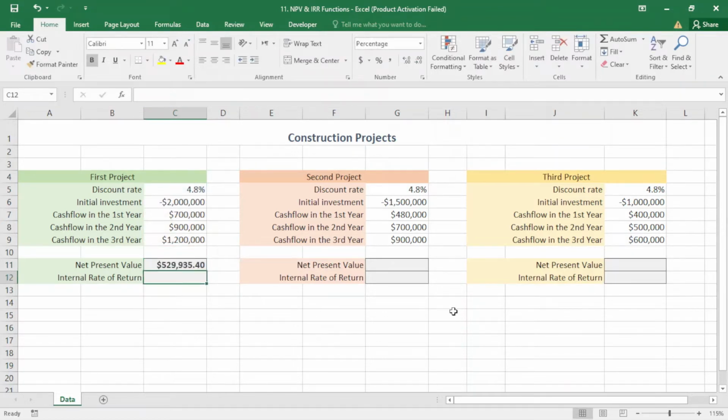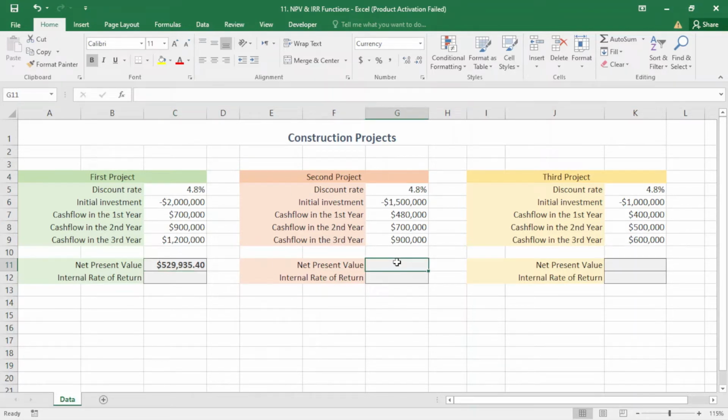You can see the NPV, or net present value, in this first project will be $529,000.